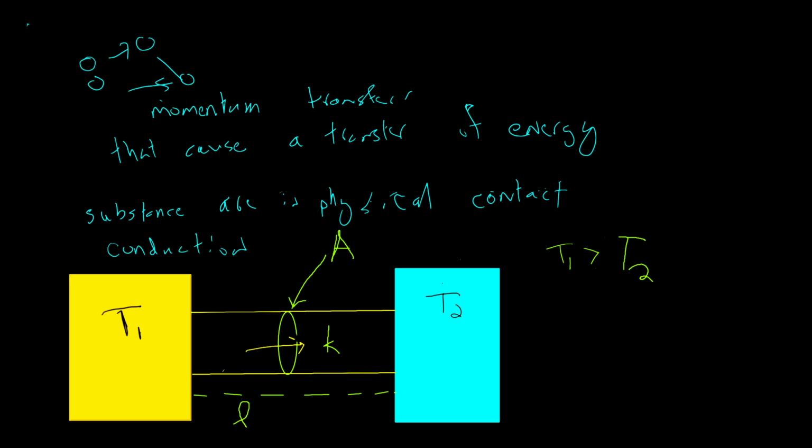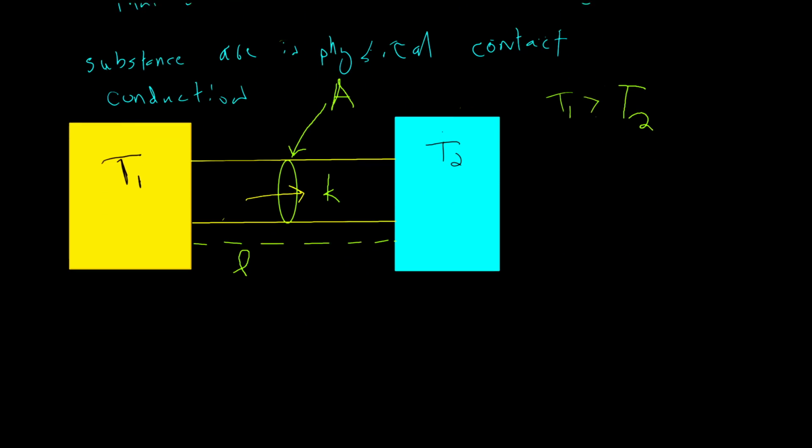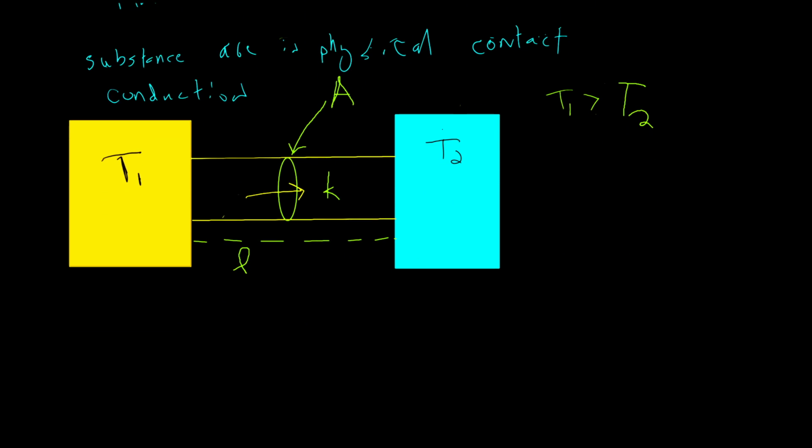First, heat flows from hot to cold, always. It will flow until the two substances are of equal temperature. And the nature of the material determines how quickly heat flows.